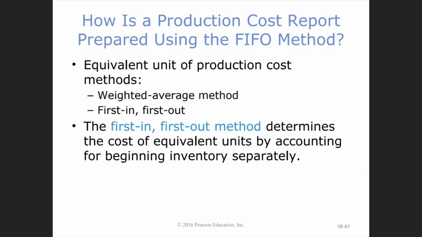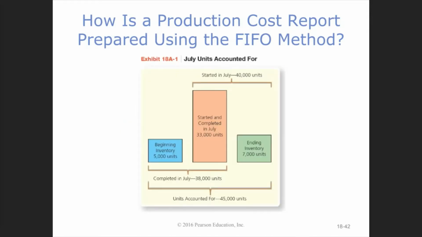The first in, first out method determines the cost of equivalent units by accounting for beginning inventory separately. A production cost report using the FIFO method. So this is just showing us how a production cost report is prepared using first in, first out.